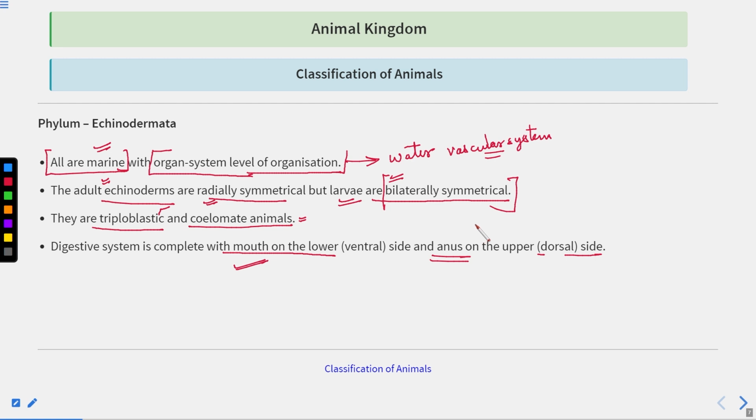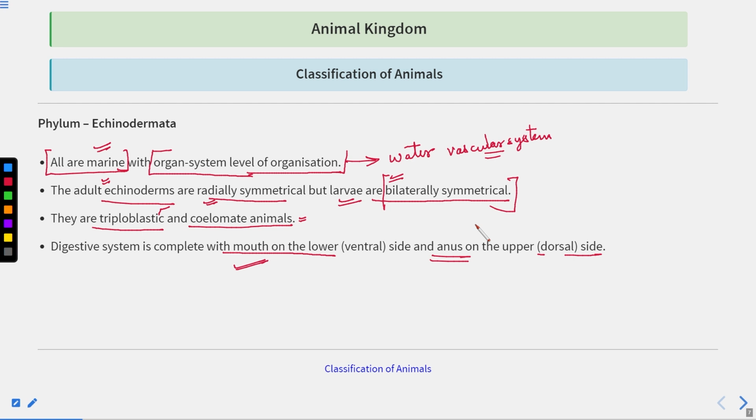So if we summarize, all are marine with organ system level of organization. So they are having different organs that are united together to perform one particular function. So they are showing the organ system level of organization. A very unique system.